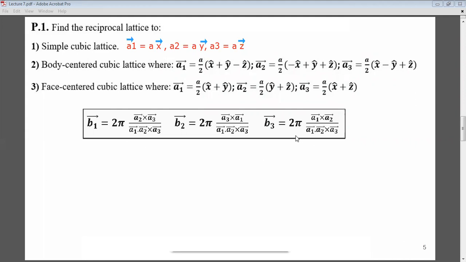Here I'm helping you by putting the formulas. B1 is 2π A2 cross A3 divided by A1 dot A2 cross A3.